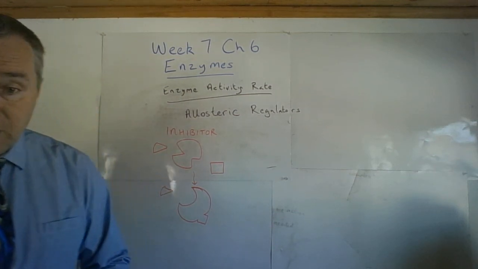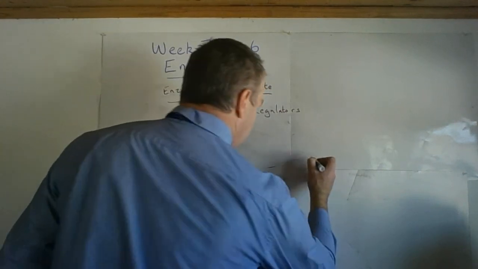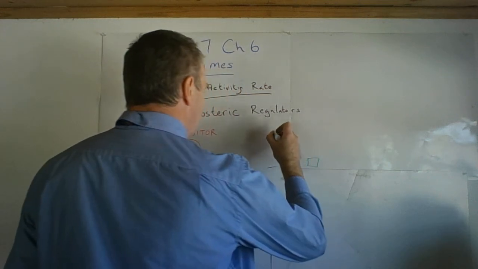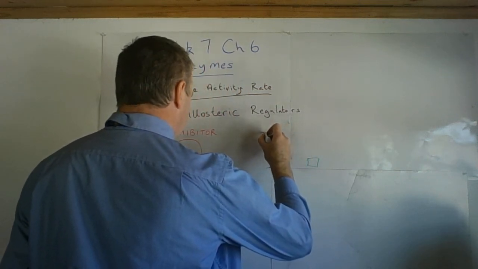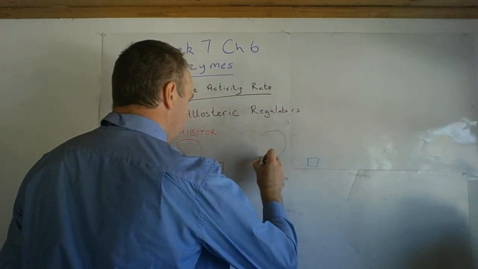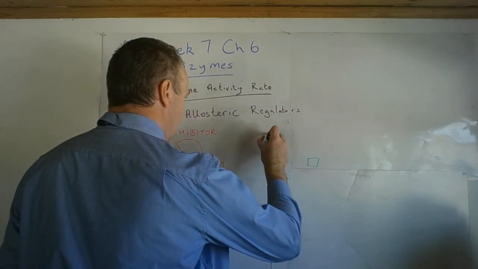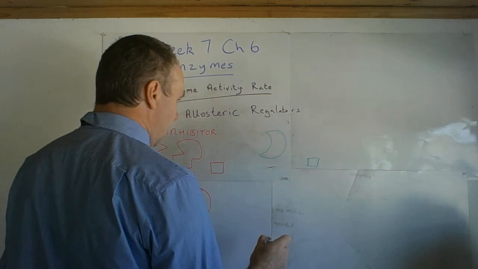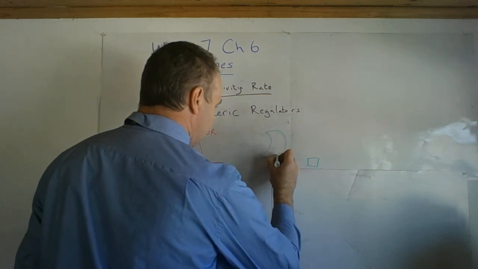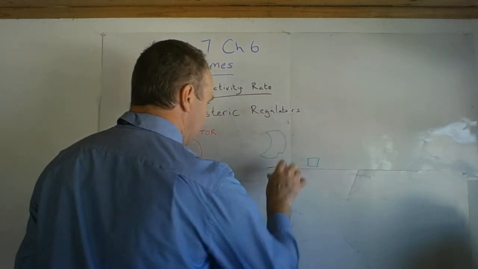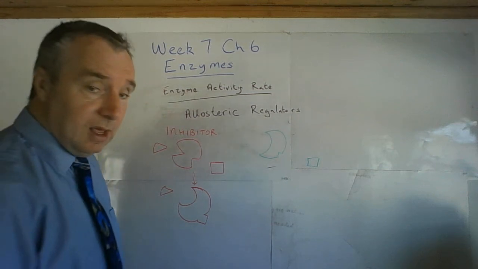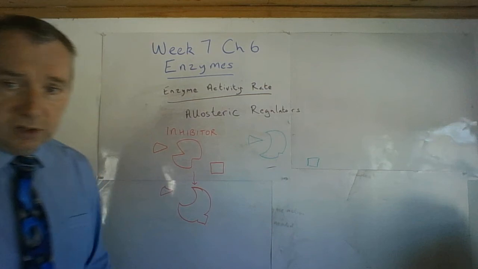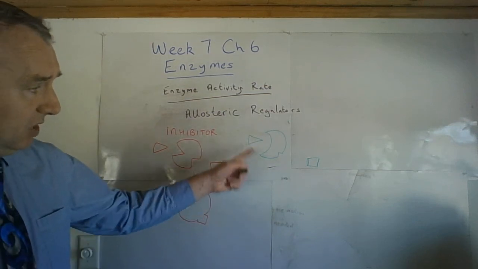Now we're going to use green for activators. Green light, go. So this is an activator, and we have the same model, except this time our enzyme looks like this, and again this is our substrate, and it can't bind because the shape is wrong.